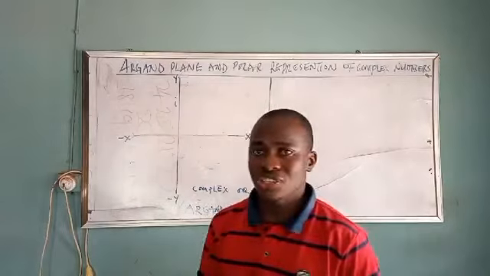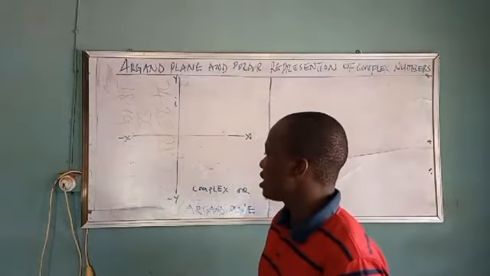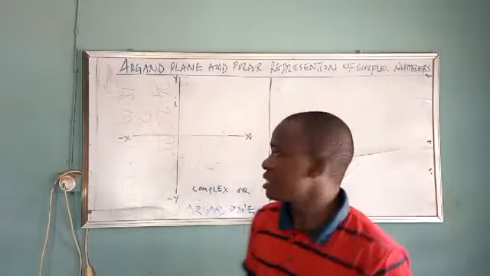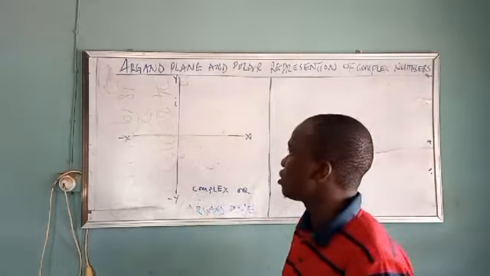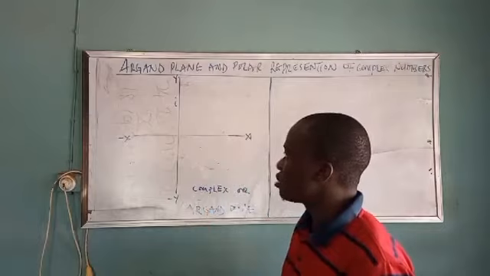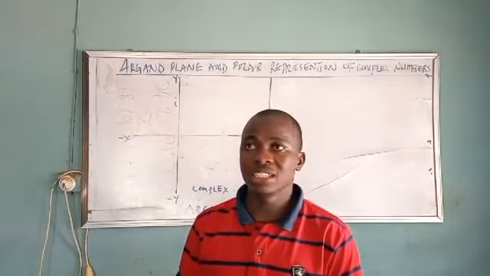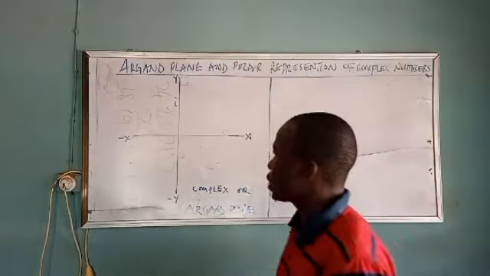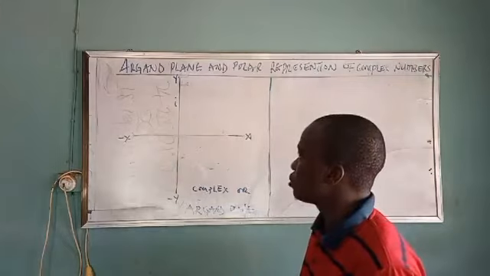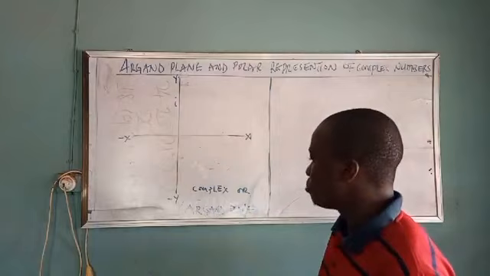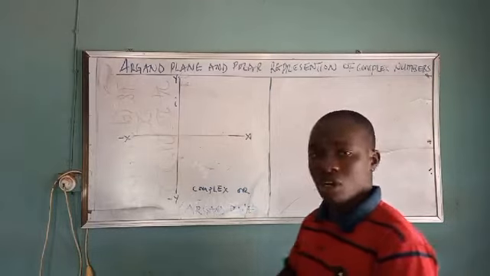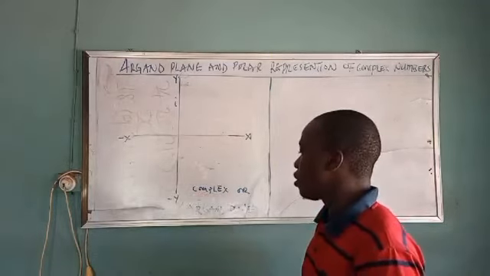A Cartesian plane is just a plane where a real number is assigned to each of its points. But here, instead of saying real number, we'll be saying complex number. That's the difference between the two: the Cartesian plane and the complex or Argand plane.